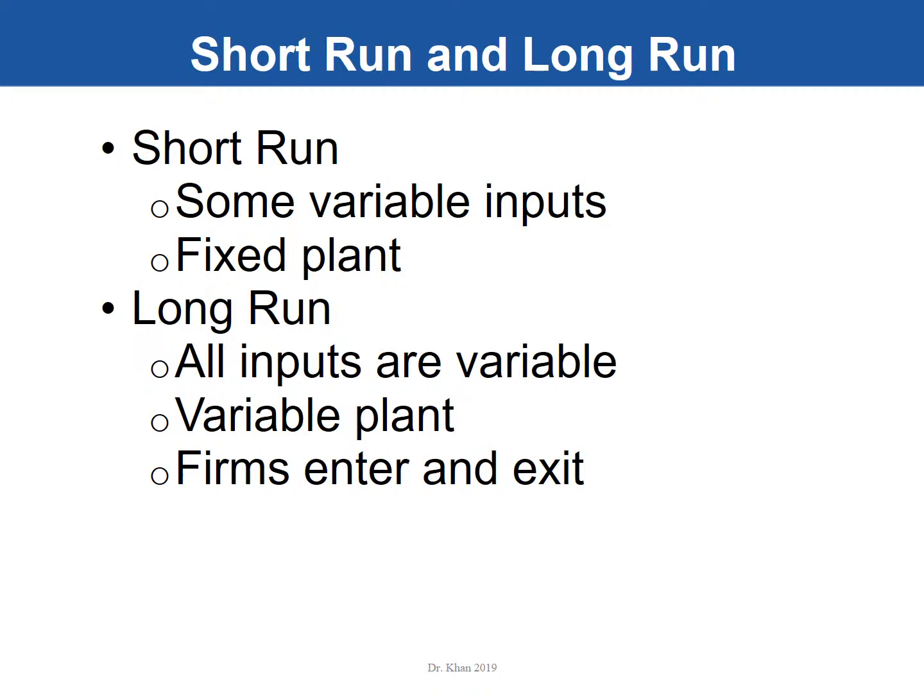In the short run, there are some variable inputs, it means the inputs that vary in quantity, and in addition to them, there will be some fixed costs. So in the short run, there will be some kind of fixed cost.